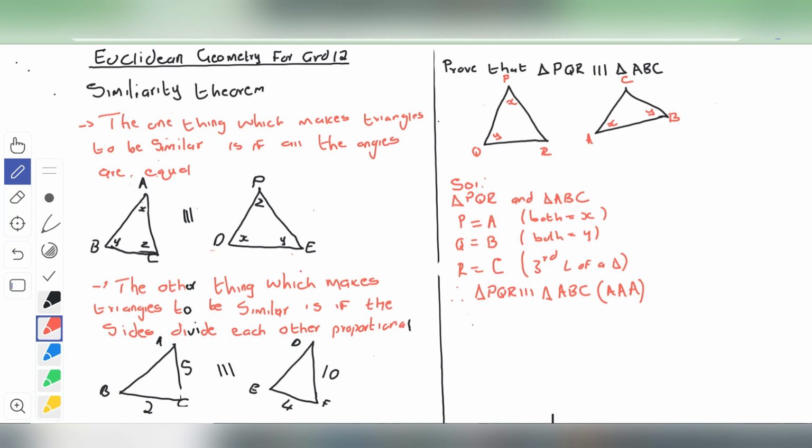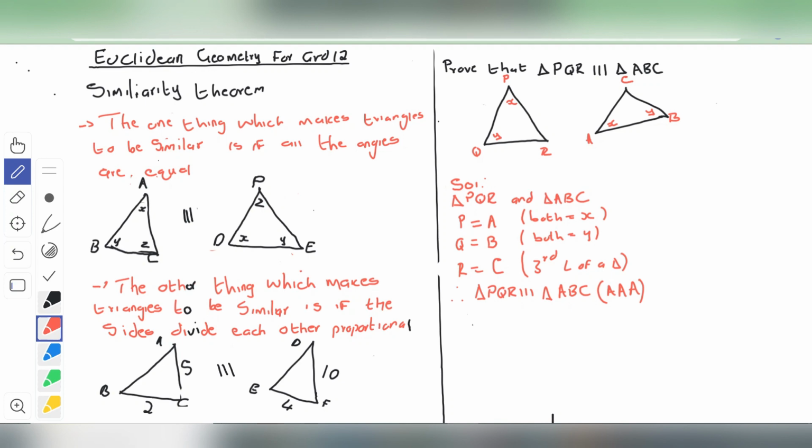If somewhere here you proved a side, you were supposed to write S. Sometimes you don't know the reason, let's say P is equals to A, and you didn't write the third angle of a triangle, so now you only have one.